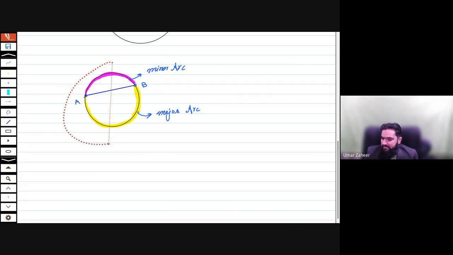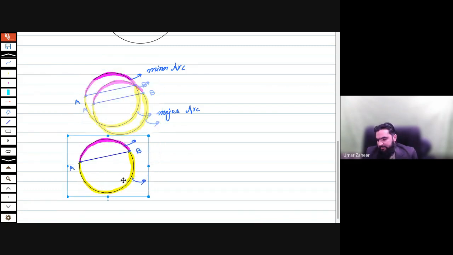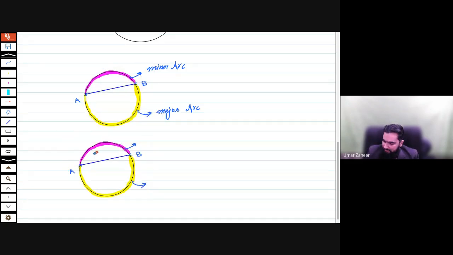Let's take the same circle again. When you make a chord, the circle is divided into two portions. When it is a diameter, it is divided into two equal portions, known as semicircles. And when you make a chord, both portions are different.